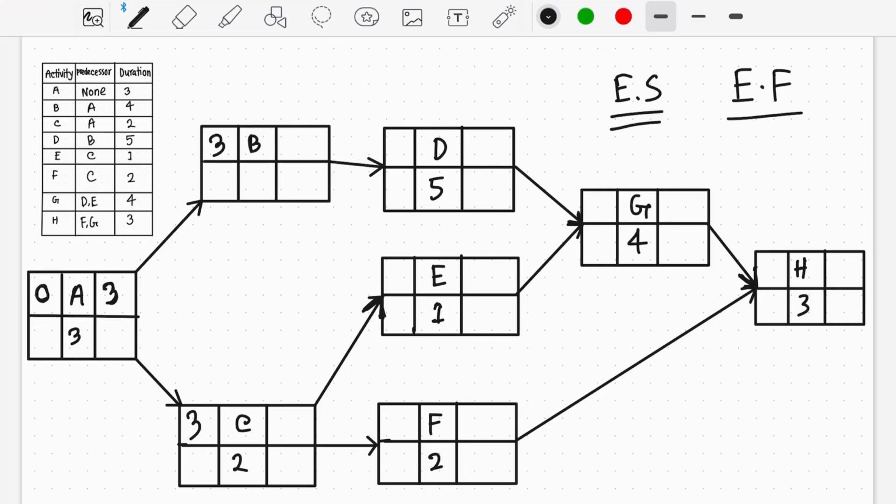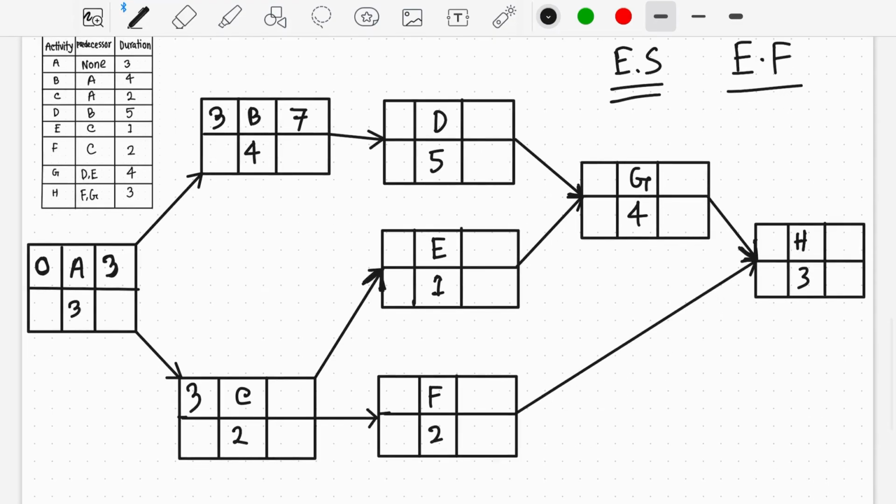For the B activity we have 4 weeks, so I add 3 and 4 and get the early finish. My early finish will be 7 in the case of B activity. For the C activity, 3 plus 2 will be 5.